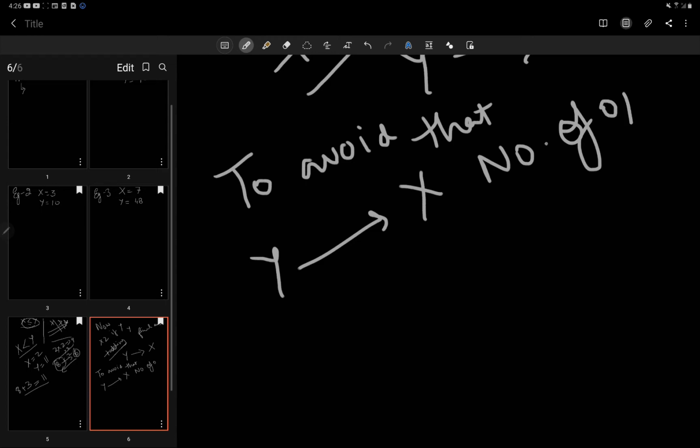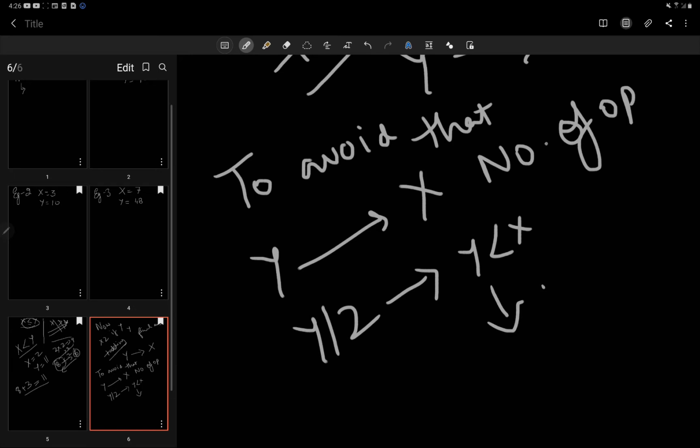While converting y to x, the first thing we do is keep on dividing it by 2 until we reach a point where y is less than x. After that, we just adjust the value that is left. Let's look at this with the help of an example.